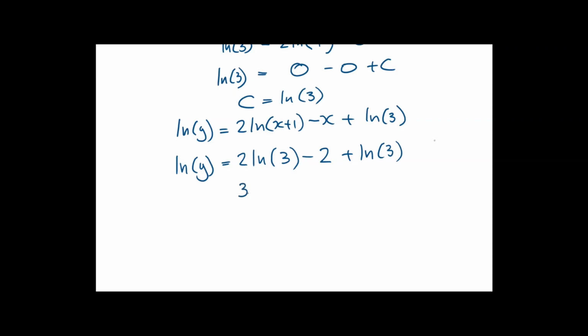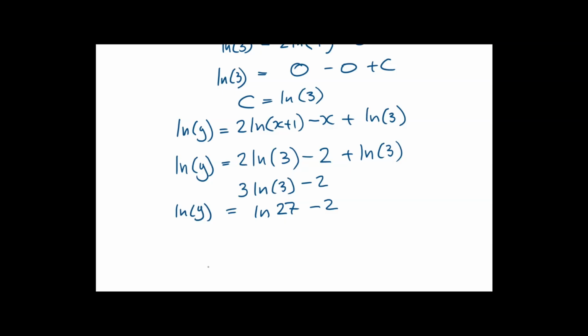That means there are 3 natural log of 3, minus 2. Bring this 3 out to the top here, so it's the natural log of 3 times 3 times 3, which is 27, minus 2.